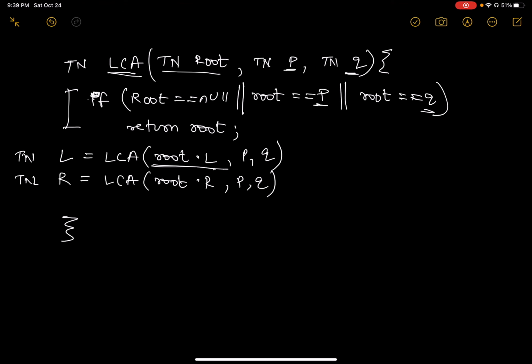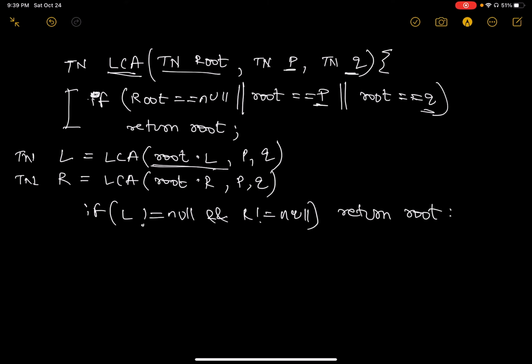Now we will just add a simple check over here. If left is not equal to null and right is also not equal to null, then as we discussed, if both are not null, then the root node itself is the LCA.